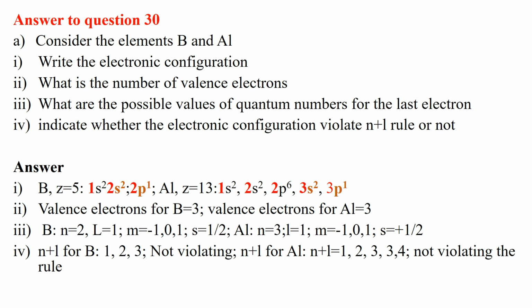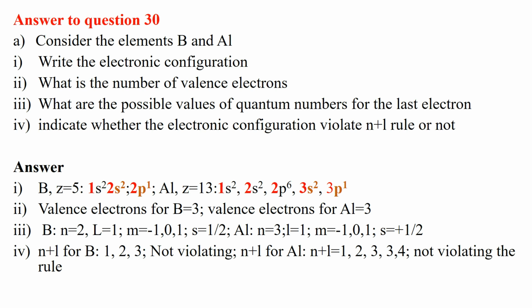For 3s we have 3 plus 0, which is 3. Then for 3p, n is 3 and l is equal to 1, so adding 3 plus 1 we have 4. So this is also not violating the rule.